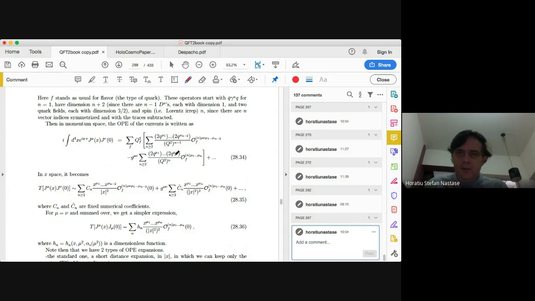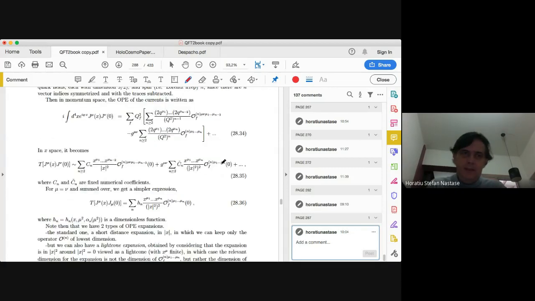It's still an operator of this form, with mu1 up to mu-n cancelled by q mu1 up to q mu-n, then divided by q squared to the n. So this is the leading piece, and then there are other sub-leading pieces that one can add.